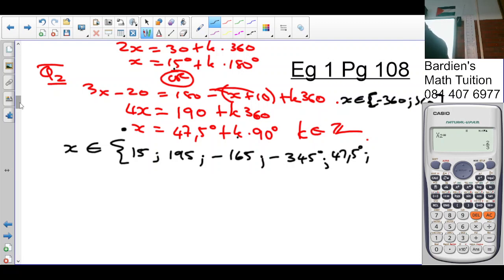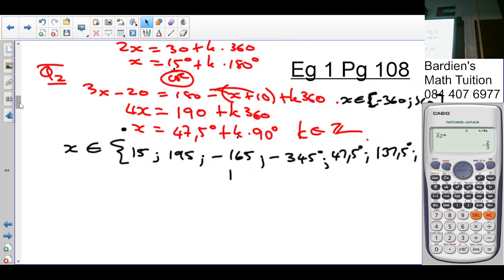Put 1 in, what do I get? 137.5. Put 2 in. 220. No. It should be 100 and something first.